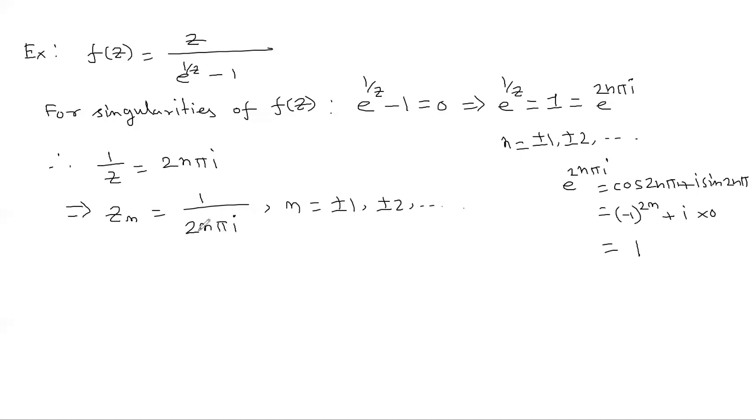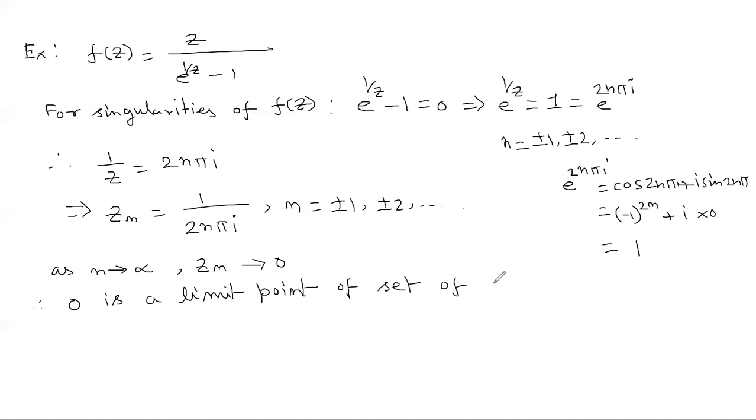So these are the singularities of the function fz. Now their limit point is also a singularity of the function fz, z equal to 0. So what is the limit point of Zn? As n tends to infinity, Zn tends to 0. 0 is a limit point of the set of all singularities of the function fz, which are pole kinds of singularities, the set of all poles of fz.